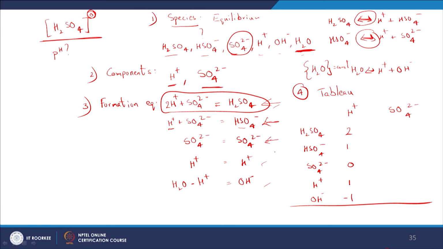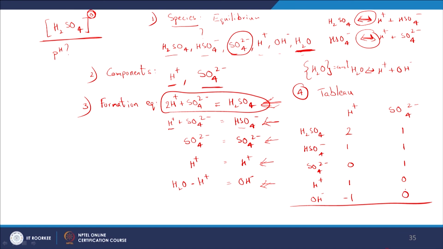So they are all relevant to these formation equations here, right. Same case here with respect to SO4 2 minus. How many SO4 2 minus do we require to form H2SO4, and that is from this initial formation equation. So you need 1, again same case here, 1, 1, 0 and 0, yes.